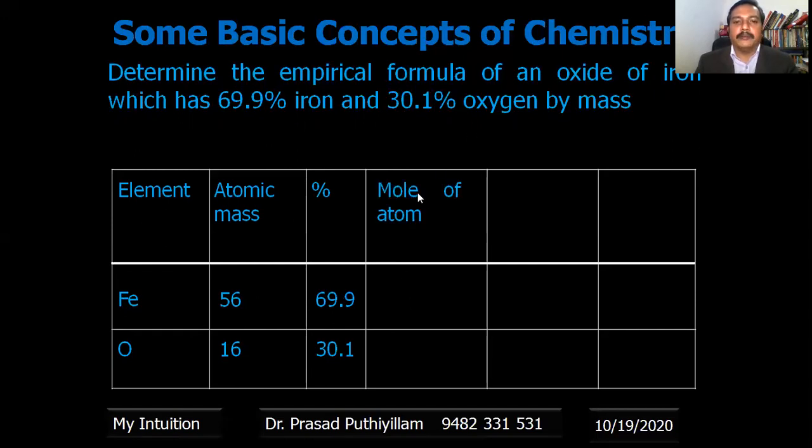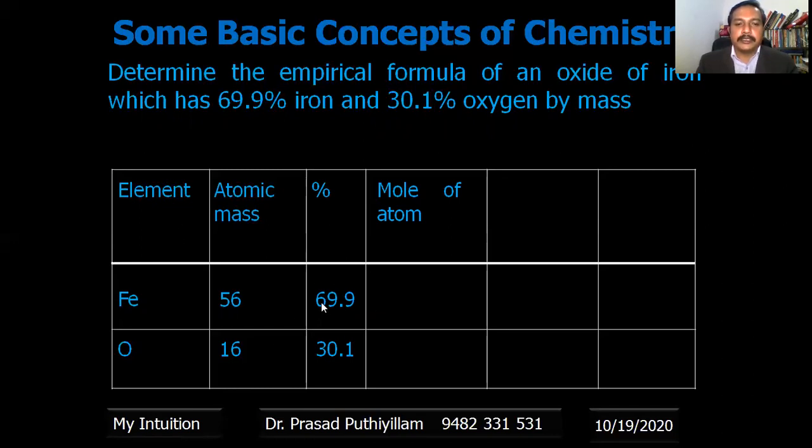So we can calculate moles of atoms. So 69.9 percent means 69.9 grams of iron present, and 30.1 percent means 30.1 grams of oxygen present, considering that the total percentage is 100, or it is 100 gram of the given product.